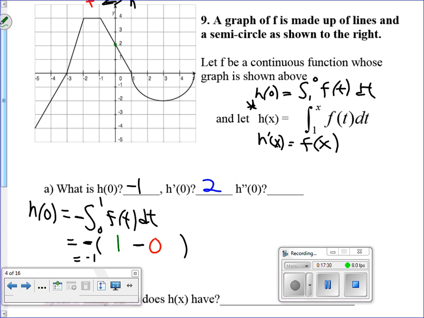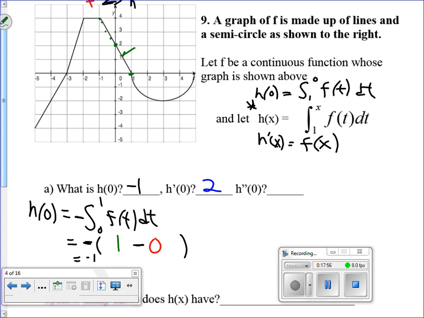Well, to figure out the slope at this point here, because this is part of a line, the slope of a line segment never changes. So the slope here is the same as the slope here, here, here. You can just figure out the slope using any 2 points. So if you use, let's say, this point and this point, you see change of y's over change of x's. The slope, it's down 2 over 1.